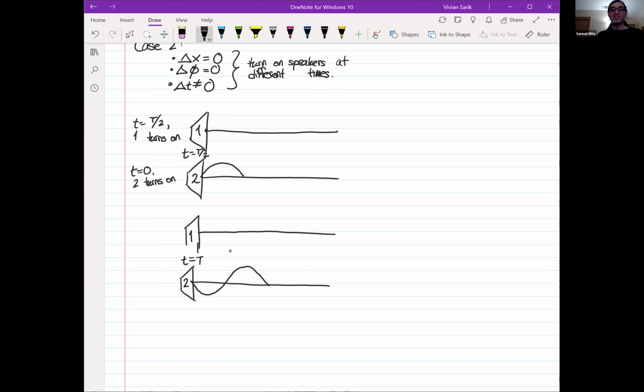And wave 1 has now been on for half a period, so it will look like this, because it has to be identical to the second speaker just turned on half a period later. And so now we see that these two humps destructively interfere. And notice that in this case, speaker 2 has a half period head start. But we only care about the interference once they're both already there.